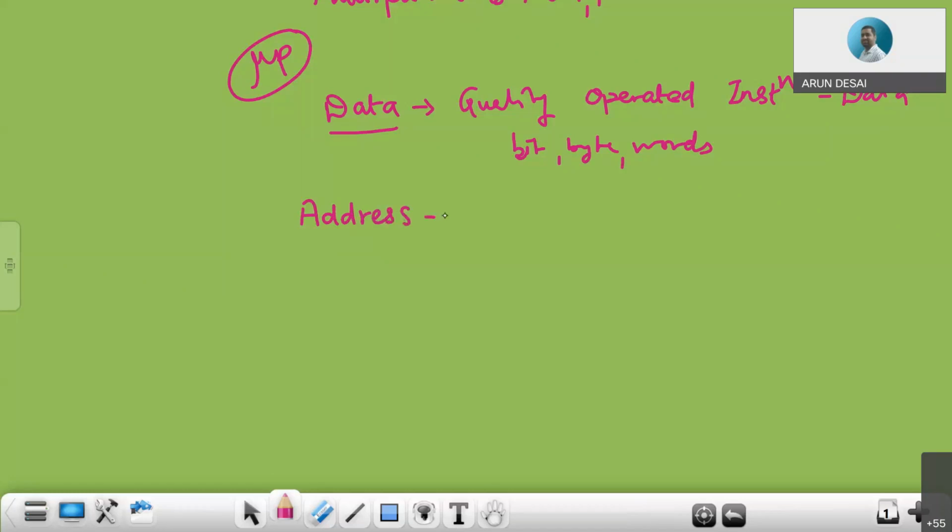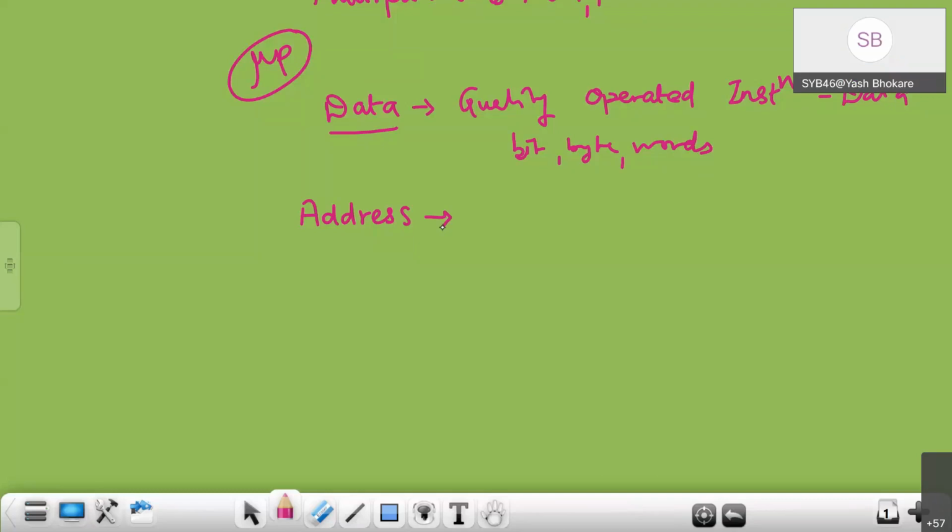Now, next is about address. What is address? Location of data. Yes, memory location. Yes, exactly. The address is basically an identification number for a memory location.